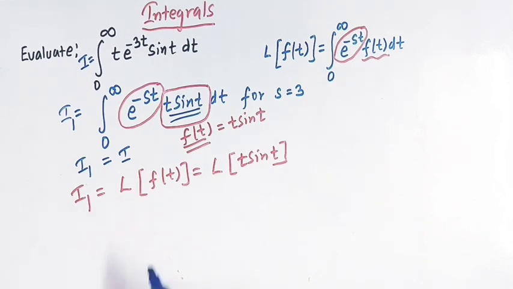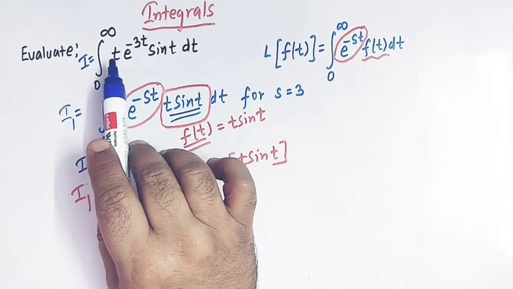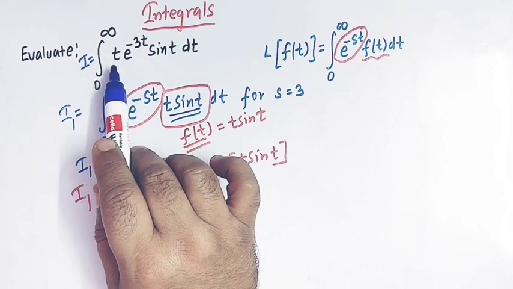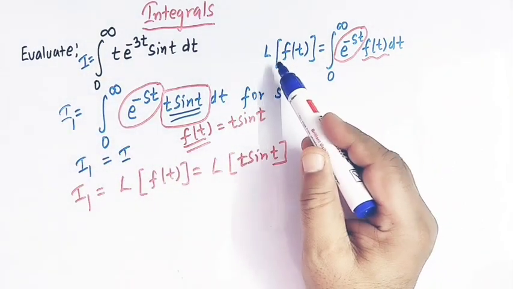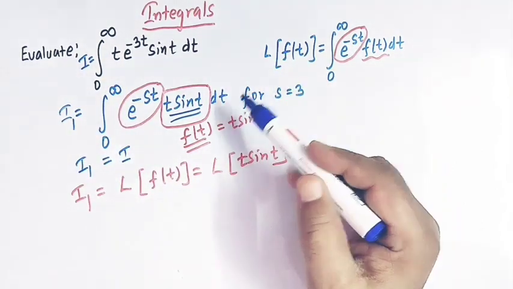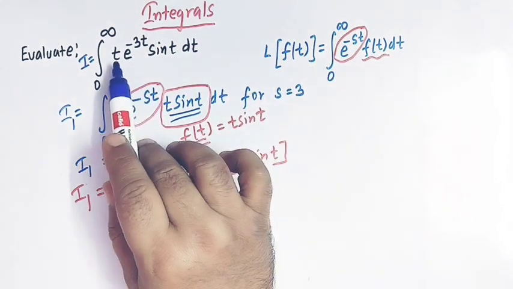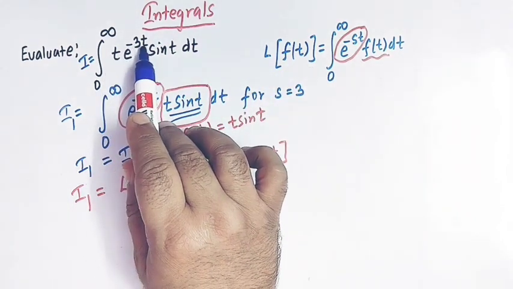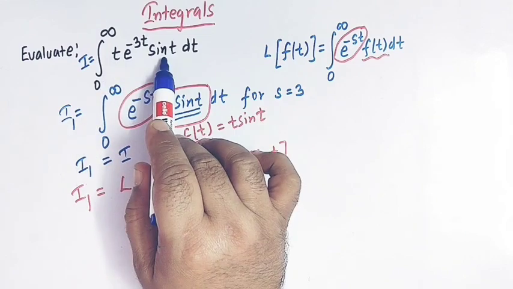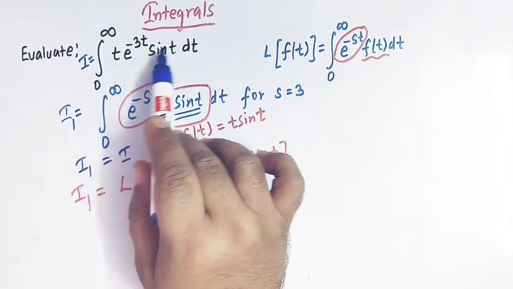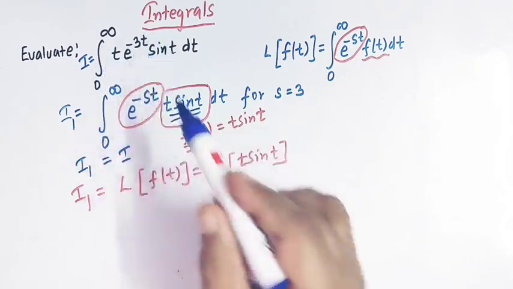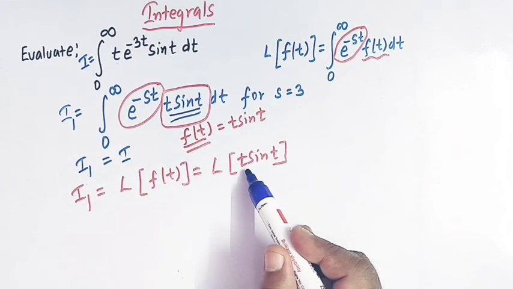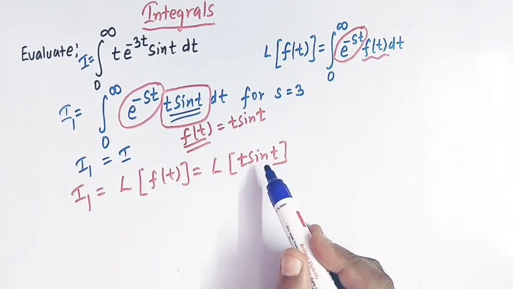So here the basic concept is to convert the given integral in terms of Laplace transform of some function, right? So here we have e raised to minus 3t and t sine t, right? So we'll write this integral as the Laplace transform of t sine t, right?